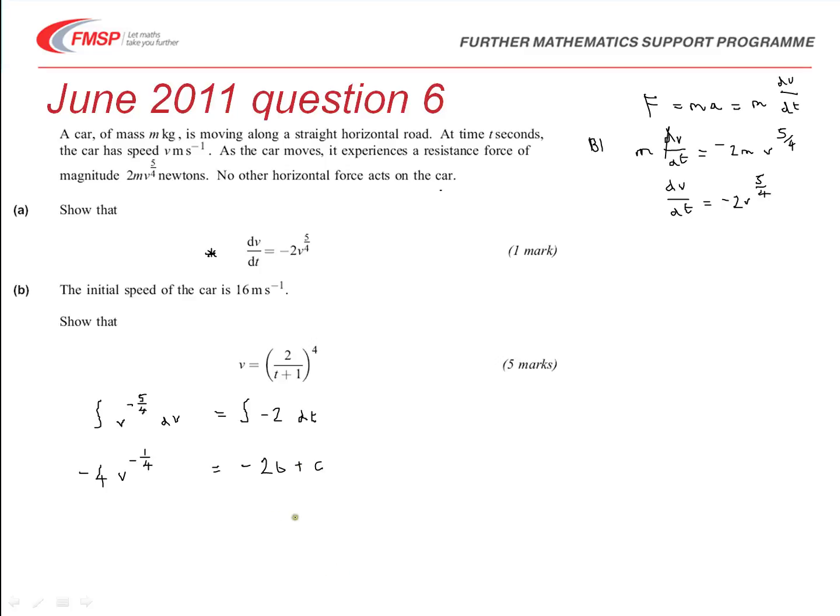Now, in order to find that constant, we know that when t equals 0, v has to equal 16.